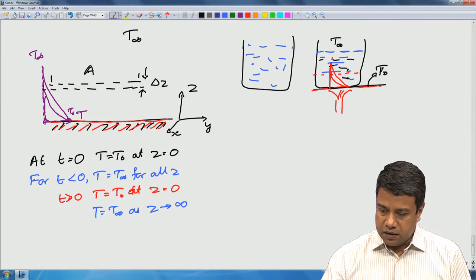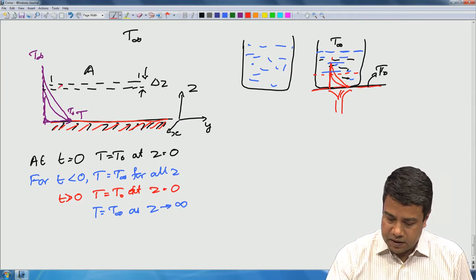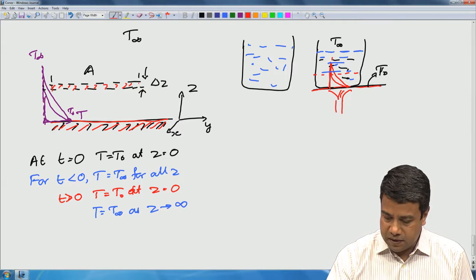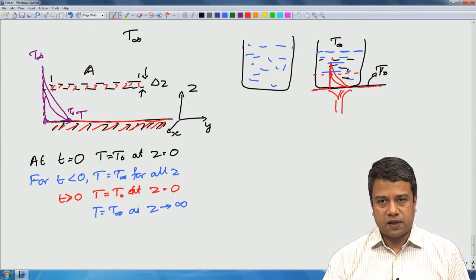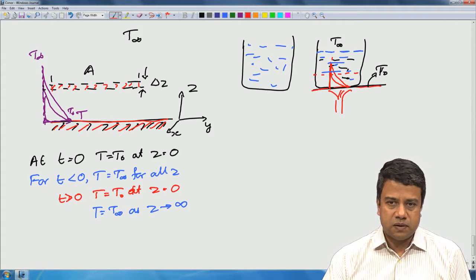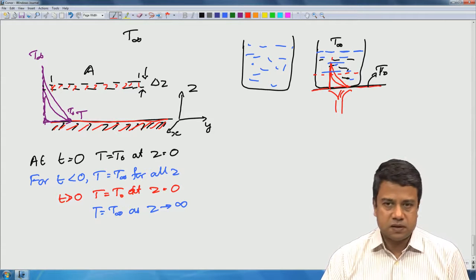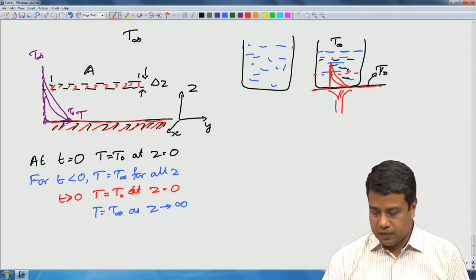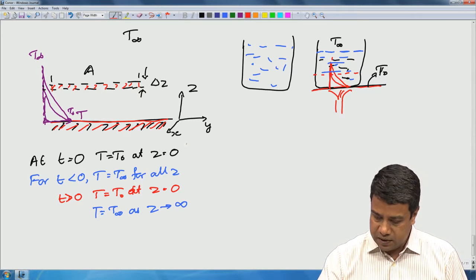The rate of change of thermal energy within this volume is equal to what comes in minus what goes out plus any sources or sinks within this differential volume.